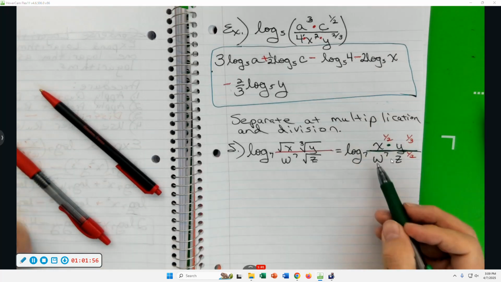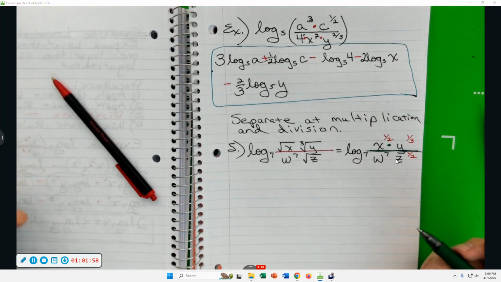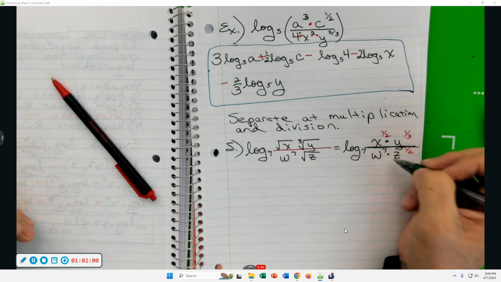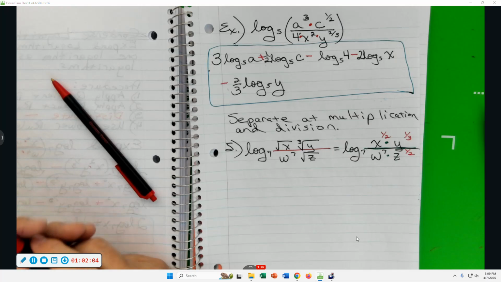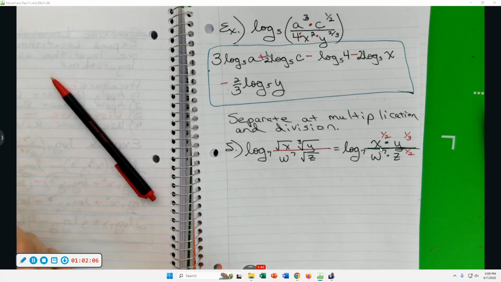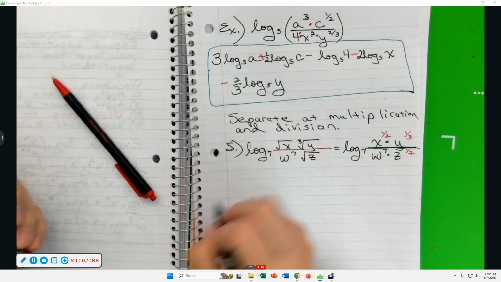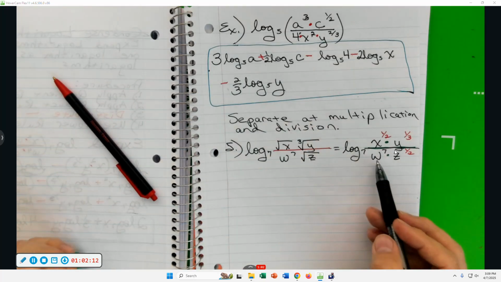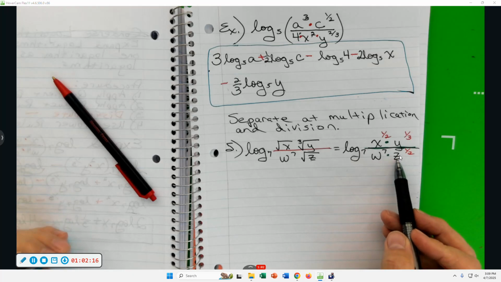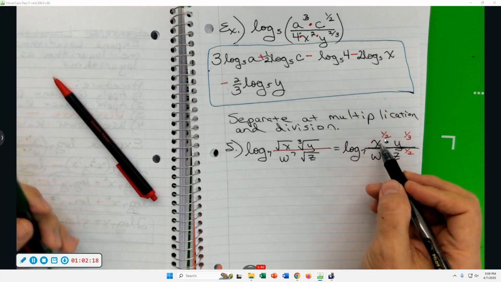How many factors do I have on the bottom? 2. So 2 plus 2. How many total logarithms will I have in my expansion? 4. Okay, here we go. How many minus signs are you going to have? 2. You'll have a minus in front of the log with the w and a minus in front of the log with the z. So we'll get started on top.